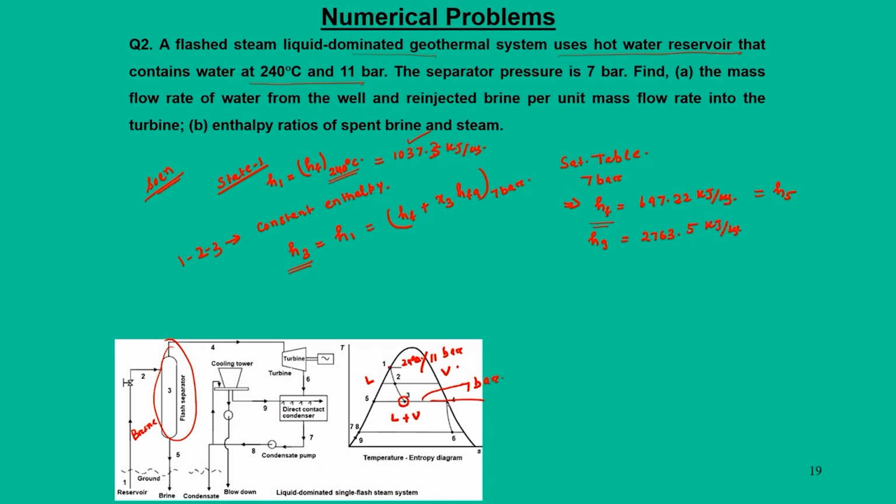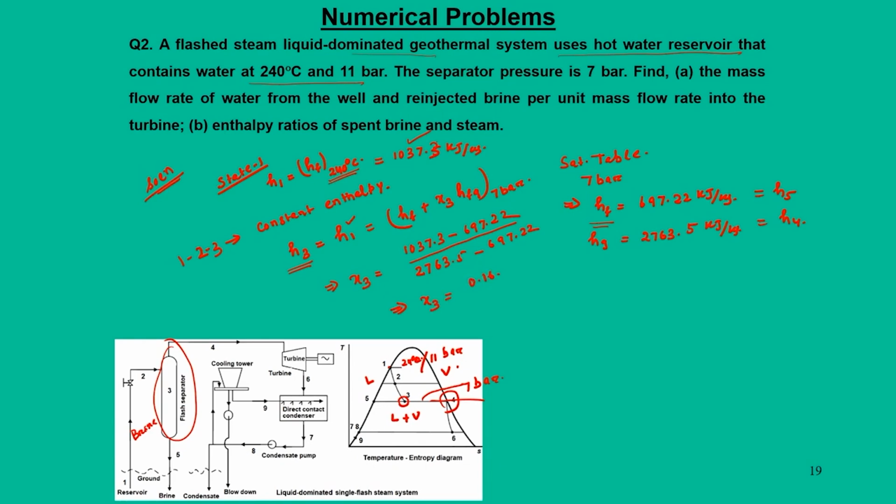Now, with respect to this figure, this point is H4, right. So, we have H1 already here. So, this equation will give you X3 equal to (1037.3 minus 697.22) divided by (2763.5 minus 697.22). So, ultimately we have X3 equal to 0.16.